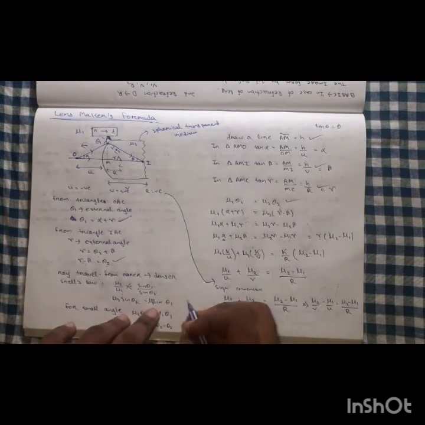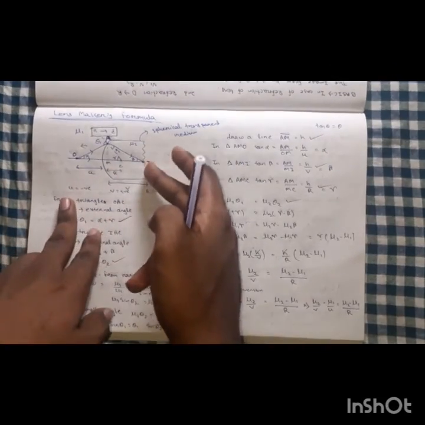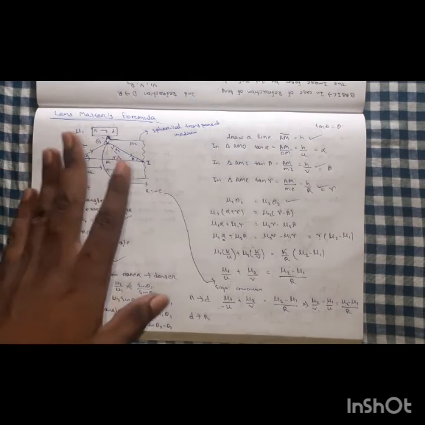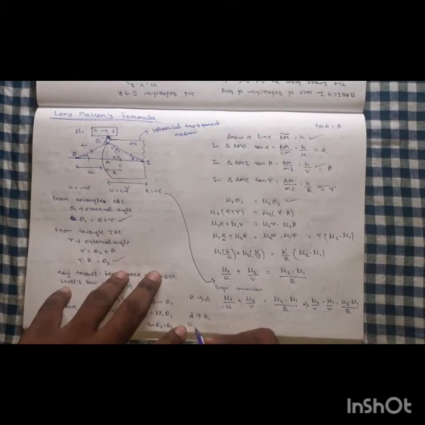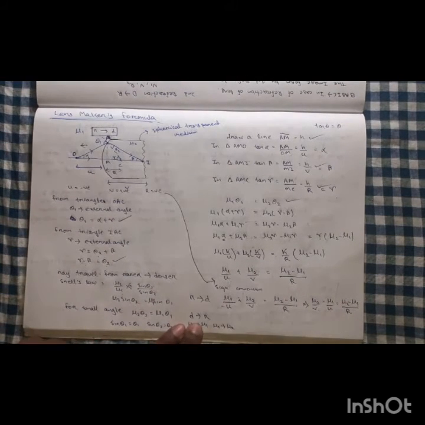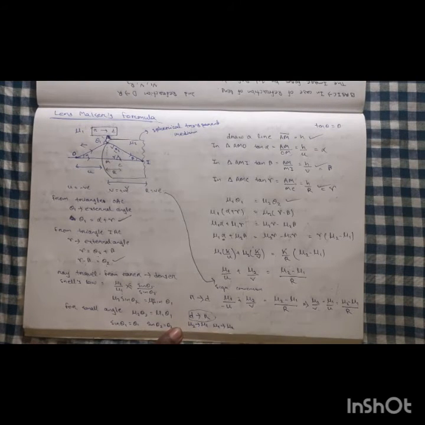Then this is all for when the light travels from rarer to denser. Okay. If it is denser to rarer, consider this light will travel from this side. Then what will be the formula? Nothing to worry. What do you have to do? In place of mu 2 replace mu 1, and in place of mu 1 replace mu 2. Nothing you have to change, only replace the place. Then you will get the answer for denser to rarer.